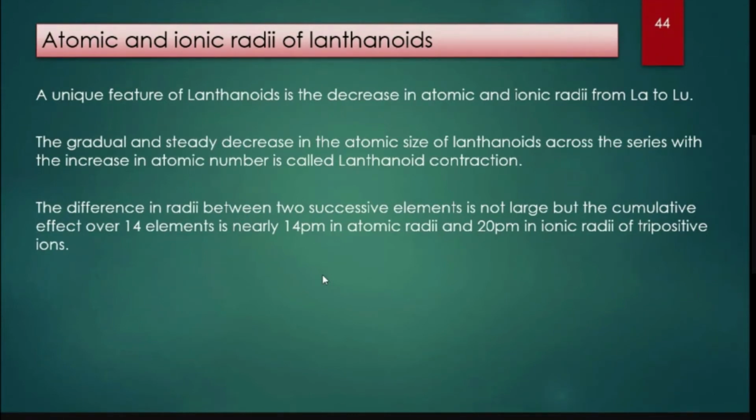That means if you take any two successive elements, for example cerium and praseodymium, or neodymium and promethium, and compare their atomic radii, we do not see a large difference between them. So the difference in atomic radii will be very small, but the cumulative effect over the 14 elements is nearly 14 picometer with respect to atomic radii and 20 picometer with respect to the ionic radii of tri-positive ions, because all the lanthanides commonly show the +3 oxidation state.